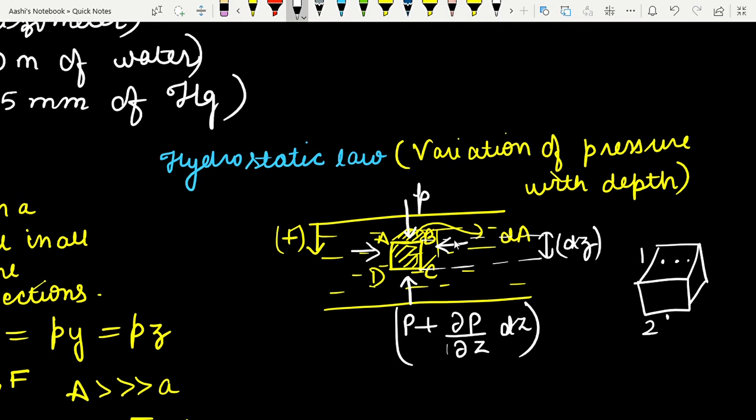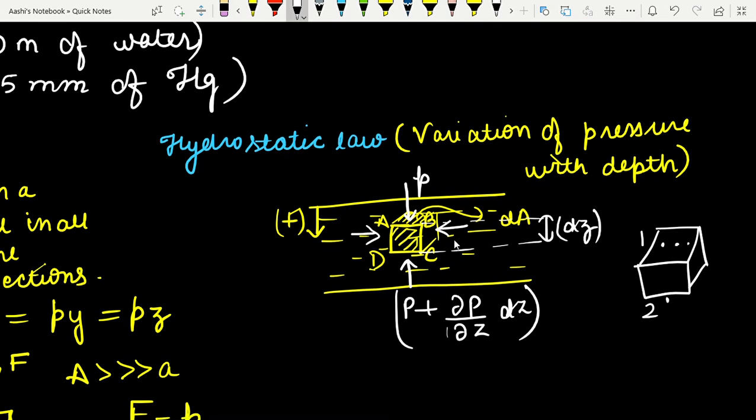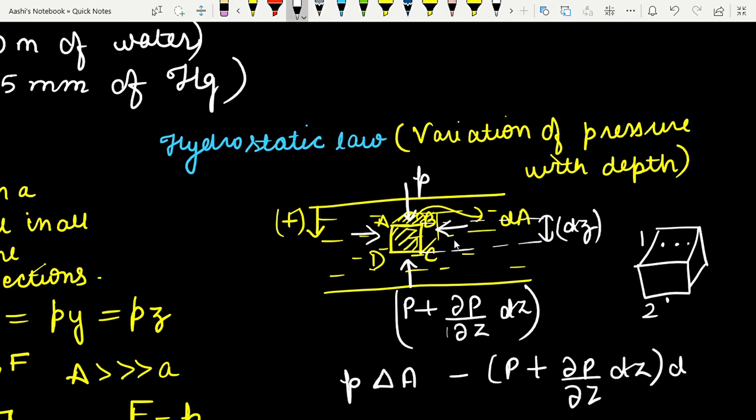Now if you try to balance out the forces on this particular element, the force will be P into dA minus (P plus ∂P/∂z into dz) into dA.